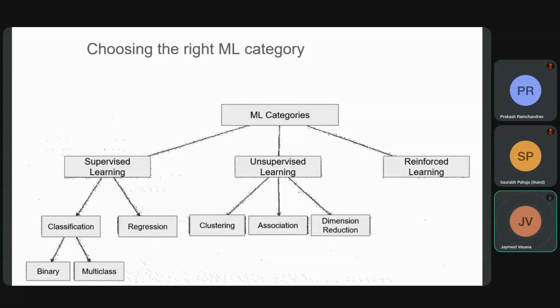Then in unsupervised, we do not have the output and we let the model tell us what are the hidden patterns beneath the data. Then comes the reinforced learning, which works on the reward based system, and we penalize the model if we want a certain behavior not to occur.